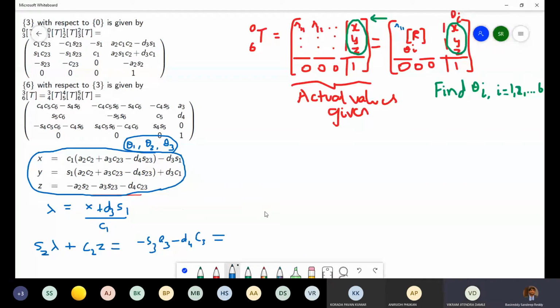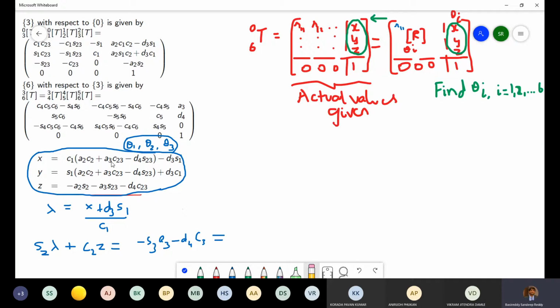We managed to separate the two angles, but perhaps we can. If you observe one thing, here A2 C2 is there, then you have A2 S2 here.